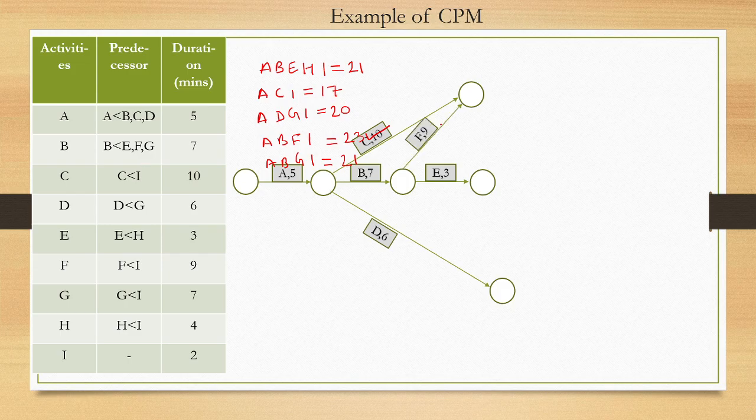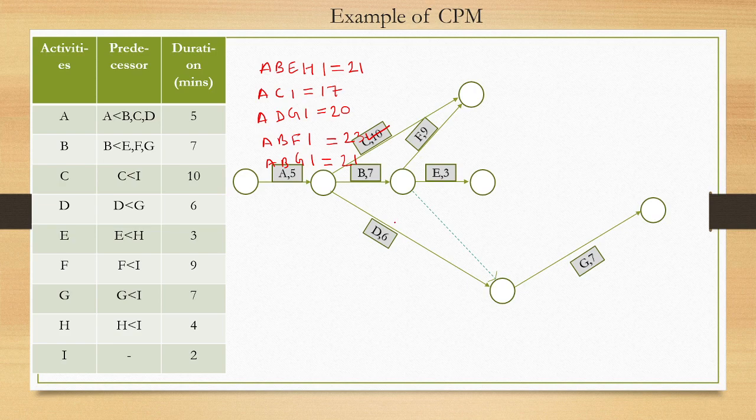I have merged C and F here because C is predecessor of I and F is predecessor of I. G is predecessor of B as well as G is predecessor of D. So for D it is fine, but how to draw this for B?